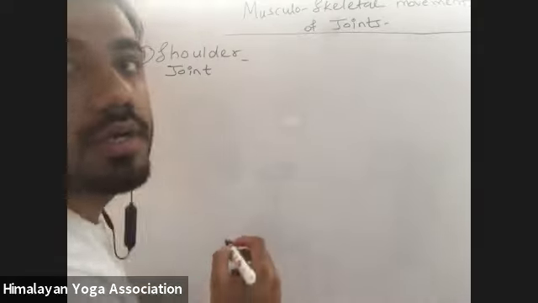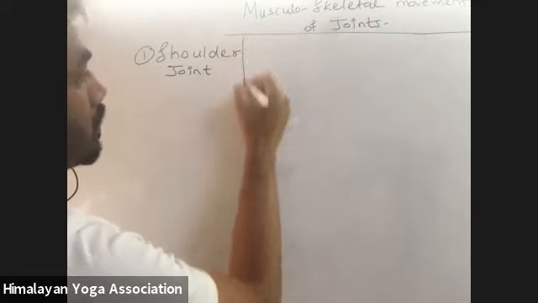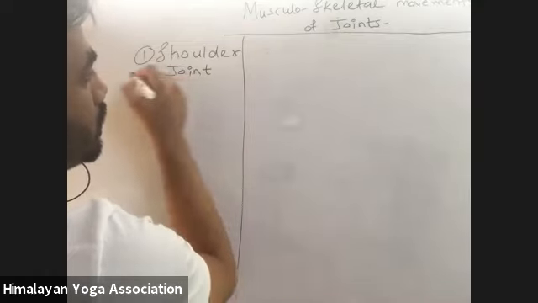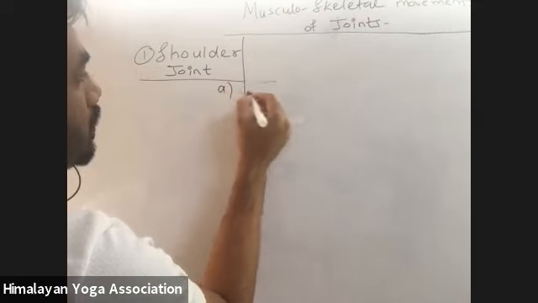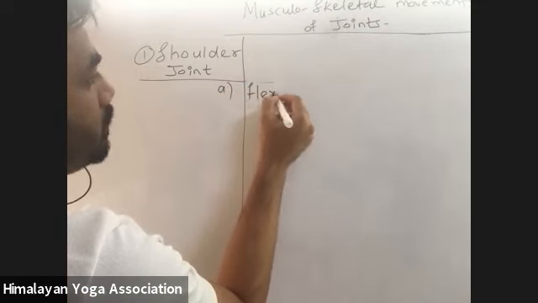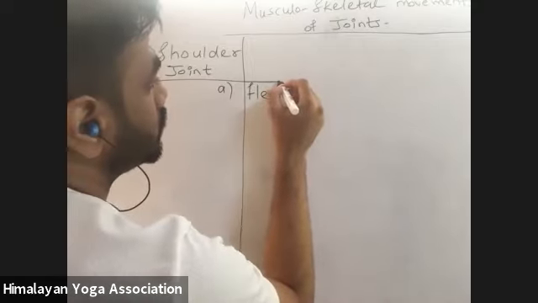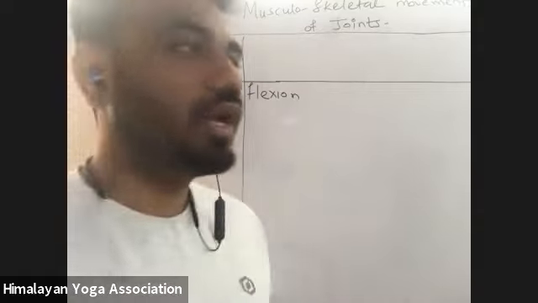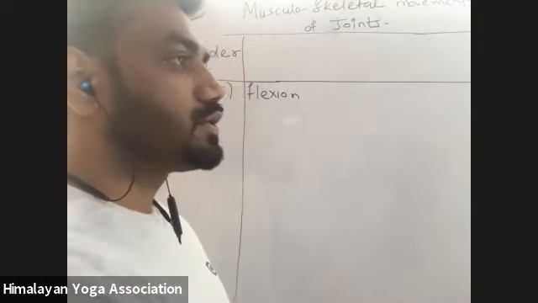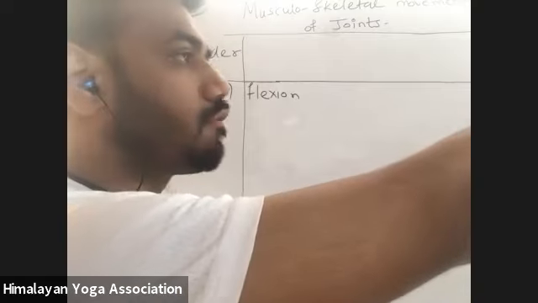So the first movement I will write down here is the flexion movement. How is the flexion movement of the shoulder joint? When we bring the arm straight in the front, that is our flexion movement.